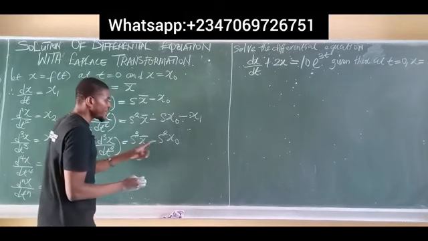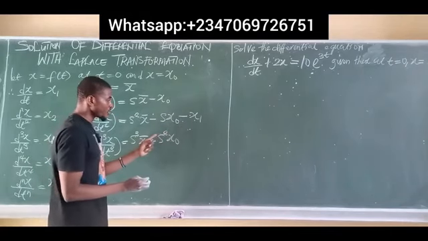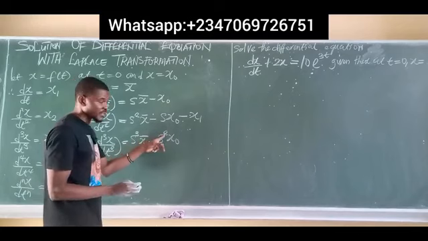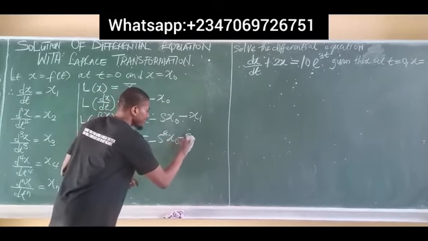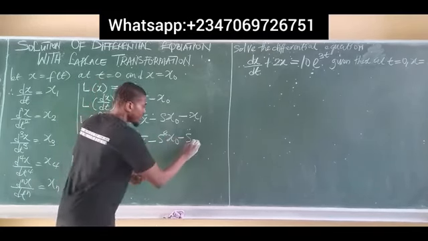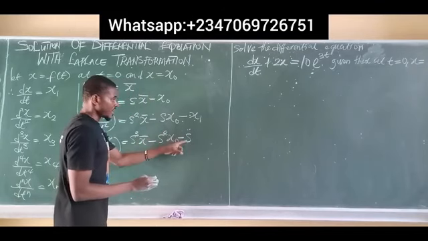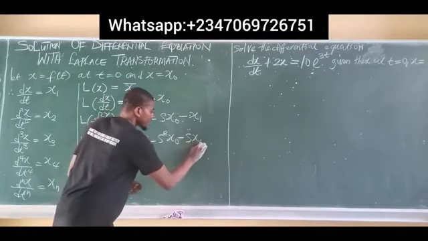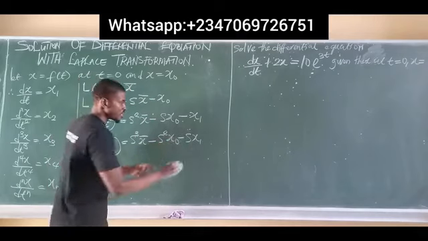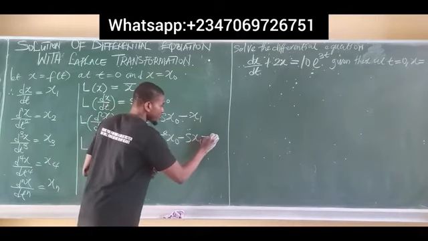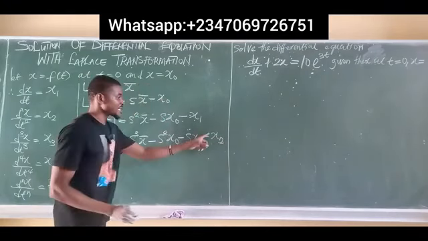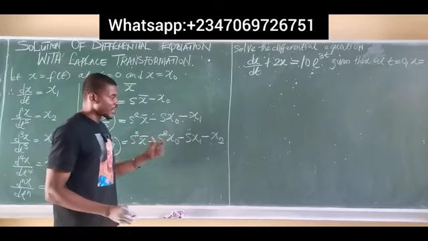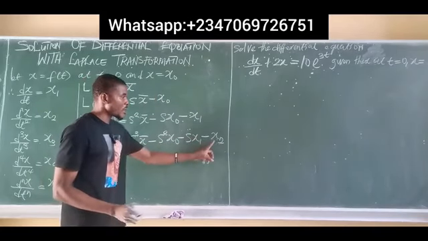So you continue from there. After x naught, next is x1, but then I have to exhaust all the values of s. So I'm going to have s times x1, and s is now reduced to s1, then s is completely exhausted, remaining x naught. So you simply call this x2. In this case, I have an invisible s to the power of 0, which remains 1. So I'm left with x2.